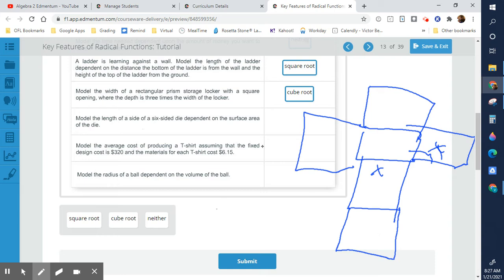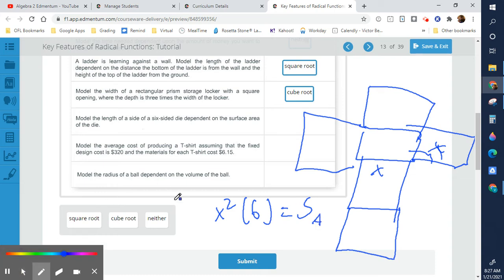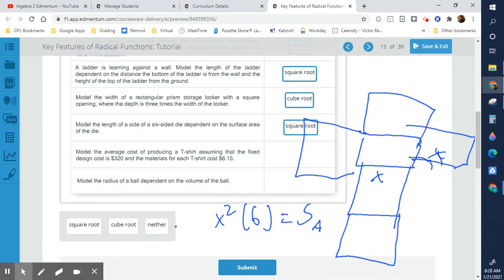And so we're going to have x squared, but we're going to have it 6 different times. So in order to find the surface area, we're going to have to divide it by 6 and then take the square root. So that's why we're going to use a square root. If you want to see that, x equals the square root of the surface area divided by 6.